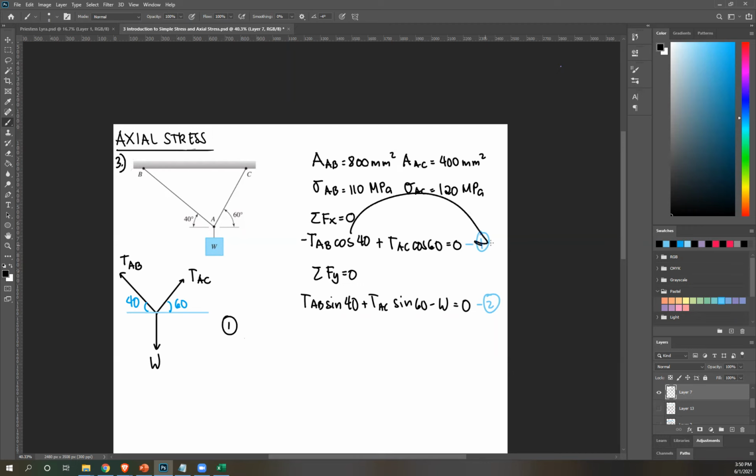So I'll transpose TAB to the other side and divide both sides by cosine 40. You'll get TAB equals TAC cosine 60 over cosine 40. Okay. Then, let's call that equation 3.